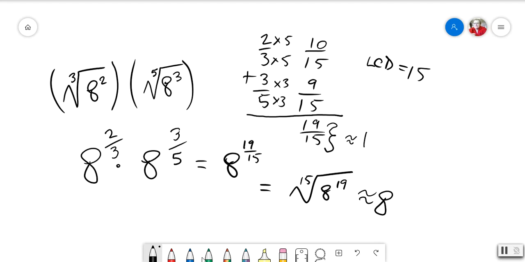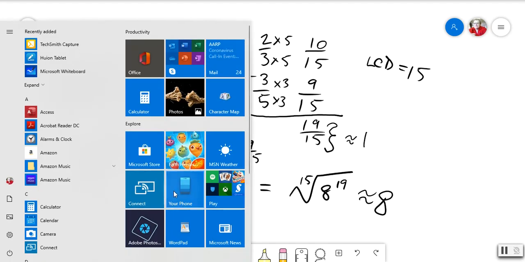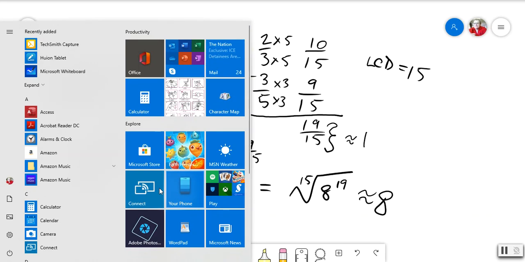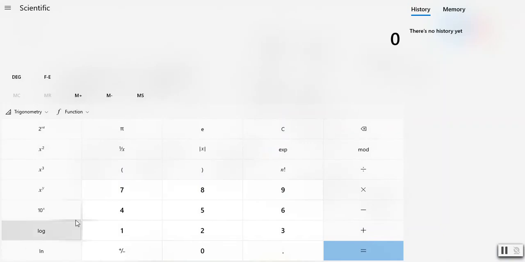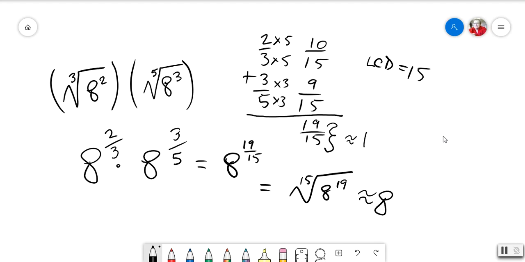Let's see exactly what it is. 19 divided by 15, 1.3 approximately.